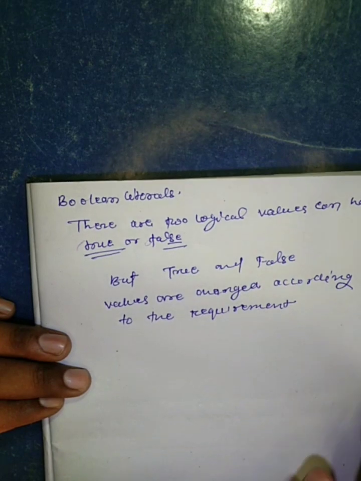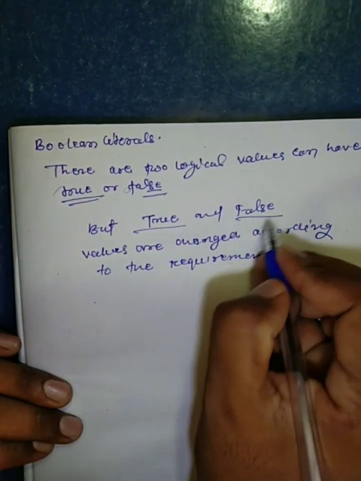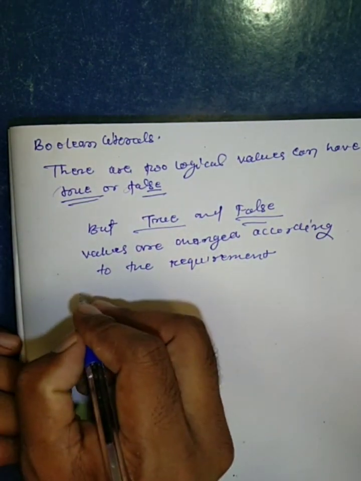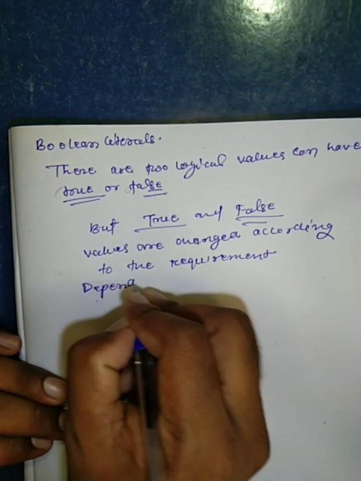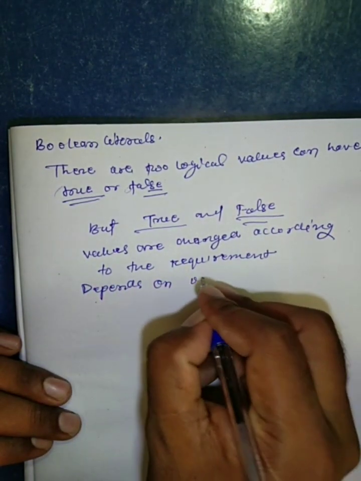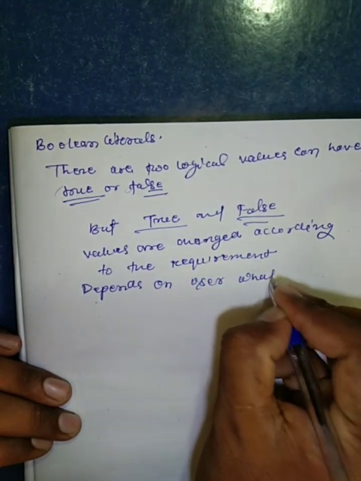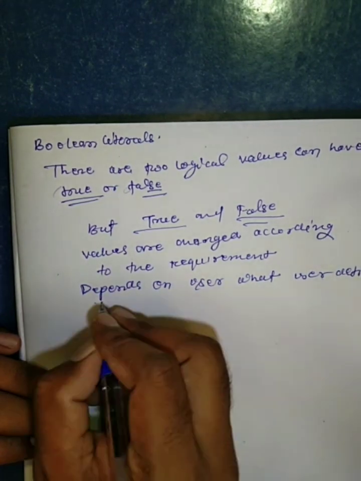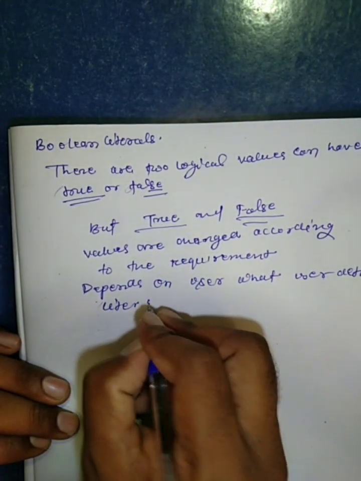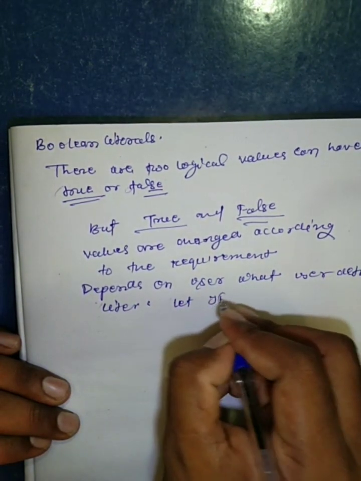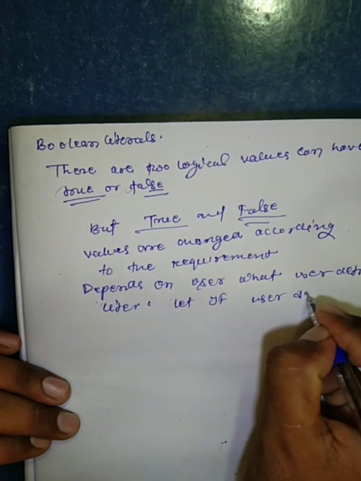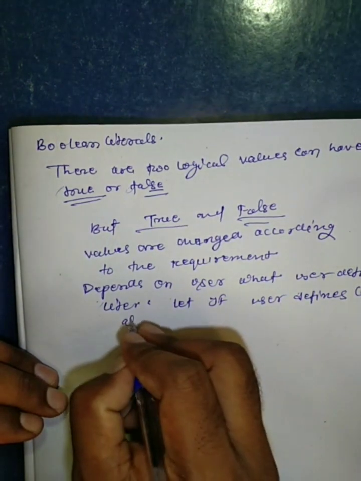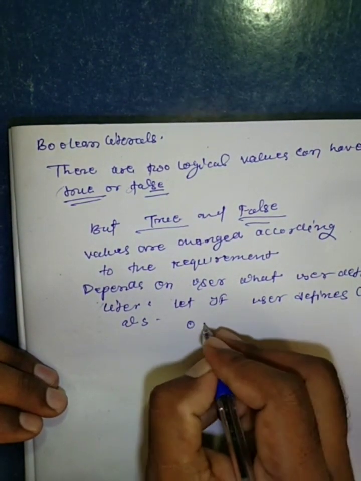In Boolean literals, true or false cannot be literals. It depends on the user. The user defines the literals. Let's say the user defines literals 0 and 1.